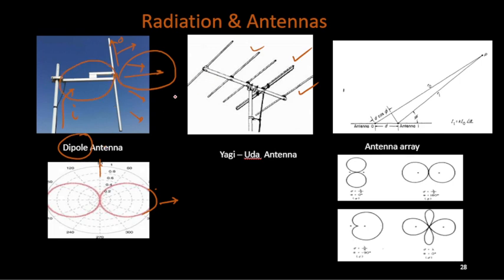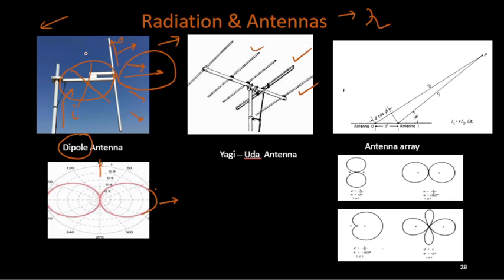Suppose this is one transmitting antenna, and I have one receiving antenna on this side, so I need to transmit only this side. This lobe is not useful for me. So can I reduce this lobe? This side also it will transmit, but I have the receiving antenna on this side only. How much it is radiating on the back side is useless for us.